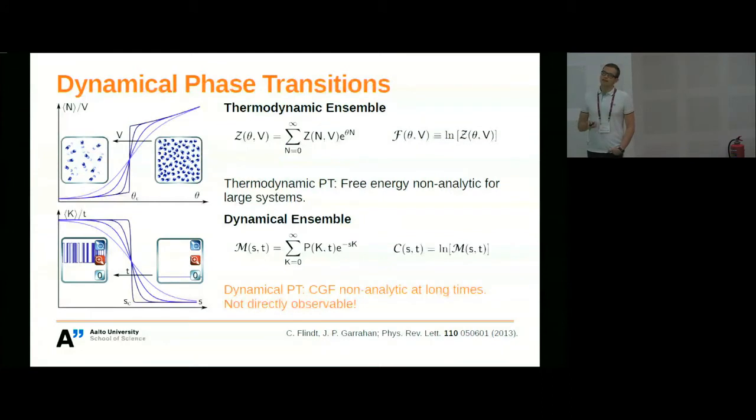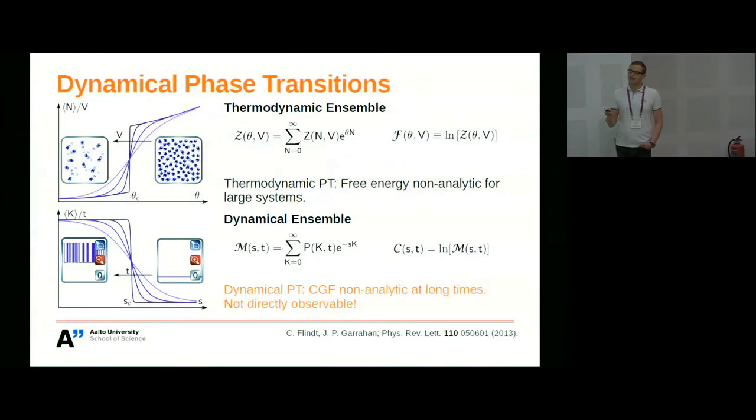In the thermodynamic ensemble, for the gas-liquid transition, we had an expression like this for the grand canonical partition function, and now we have something like this for the moment-generating function describing our Andreev tunneling. And I hope the formal analogy here is obvious. So, of course, s, or minus s, the counting field, now plays the role of the control parameter, and the extensive quantity K, which is the number of jumps on my trajectory, plays the role of the particle number here.